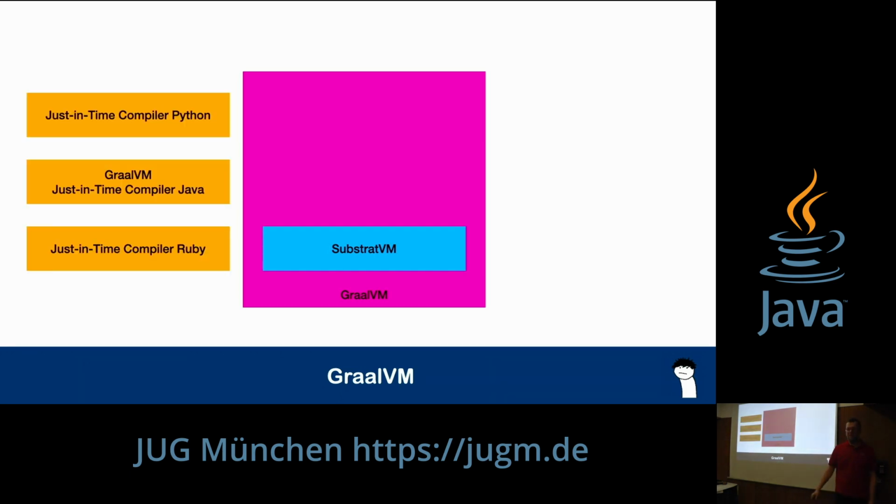What does it mean? It's once again a simplification, because everything in this presentation is a simplification and these are very complex projects. However, you can imagine that you can take the just-in-time compiler from your environment and switch it to the just-in-time compiler for a different language. For example, you are compiling Java code, and then you use the just-in-time compiler for Ruby to compile a bit of Ruby code. So currently, on the GraalVM runtime, you are able to mix different languages together.